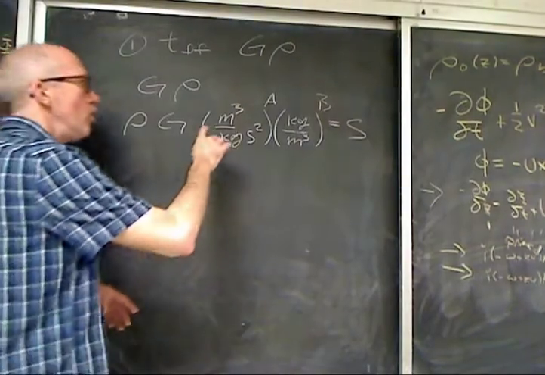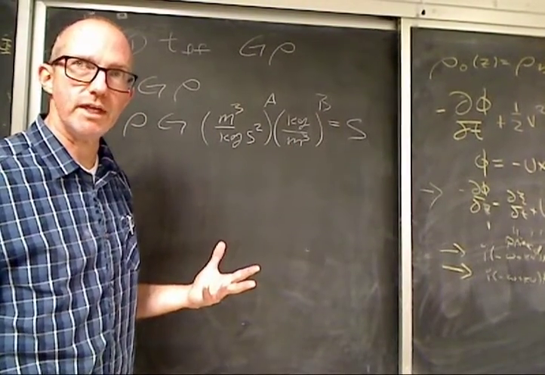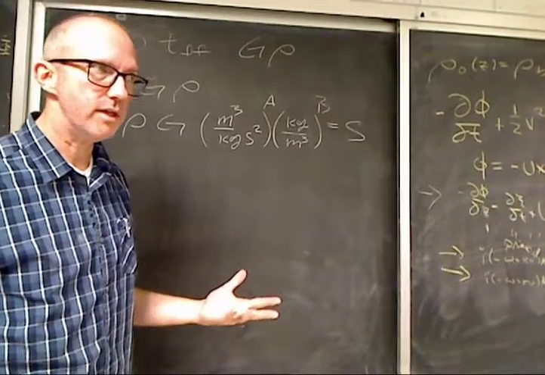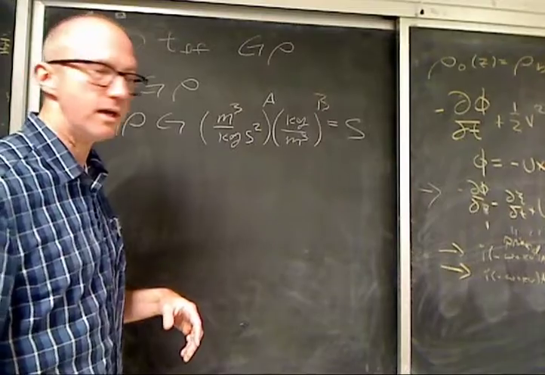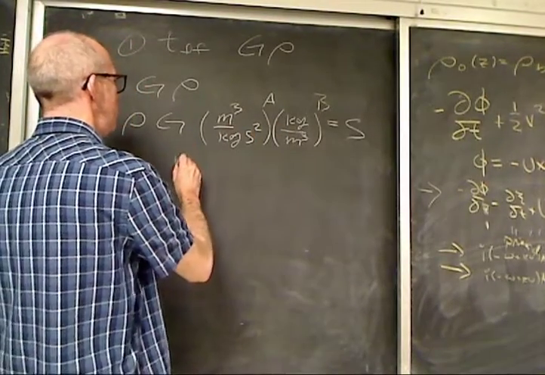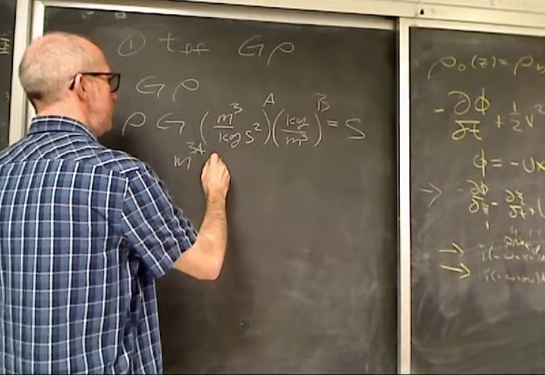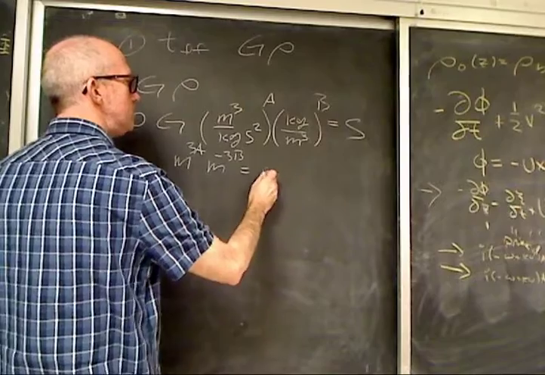The long way to do this, you can eyeball it and just see the answer if you look at it right, or you can do it the procedural way and grind through the process. Looking at meters, I've got m to the 3a, m to the minus 3b, equals m to the 0, since I have no m's.